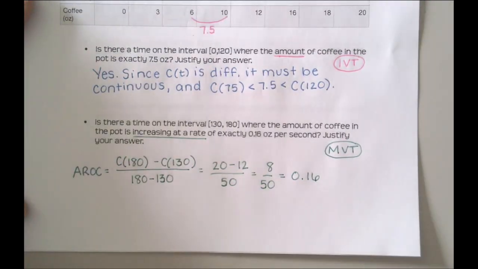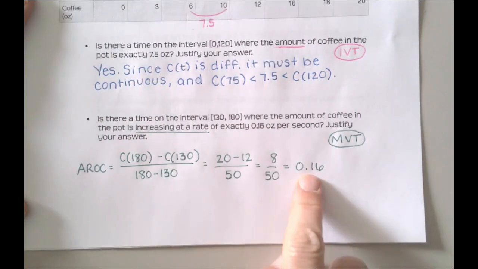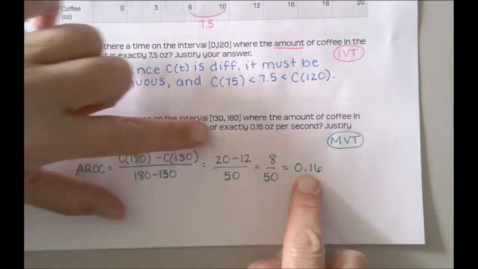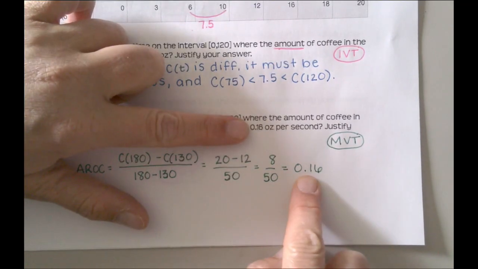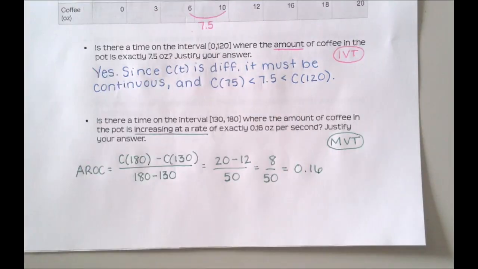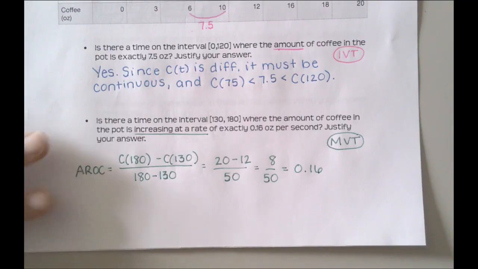Okay? So since I know the average rate of change is 0.16, MVT says there has to be a place where my rate of change is exactly this number, right? And so I need to establish my conditions for MVT, which is that the function is continuous and differentiable.